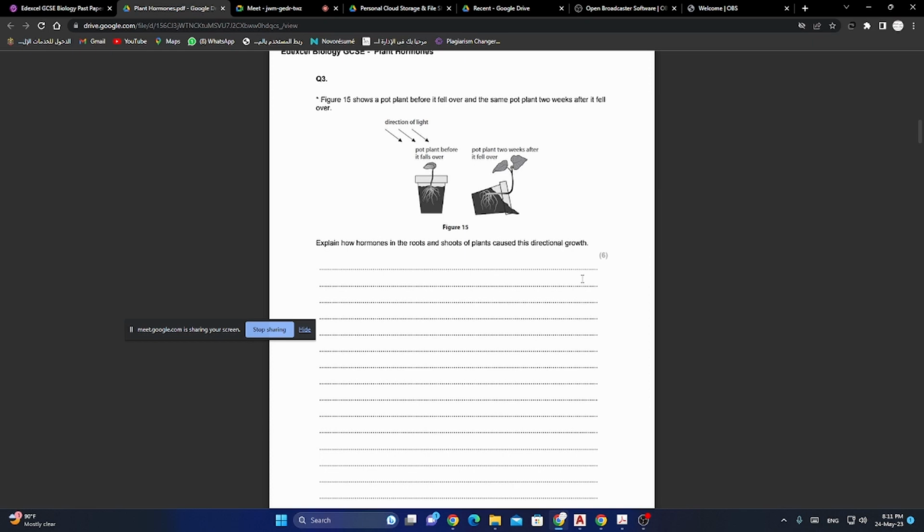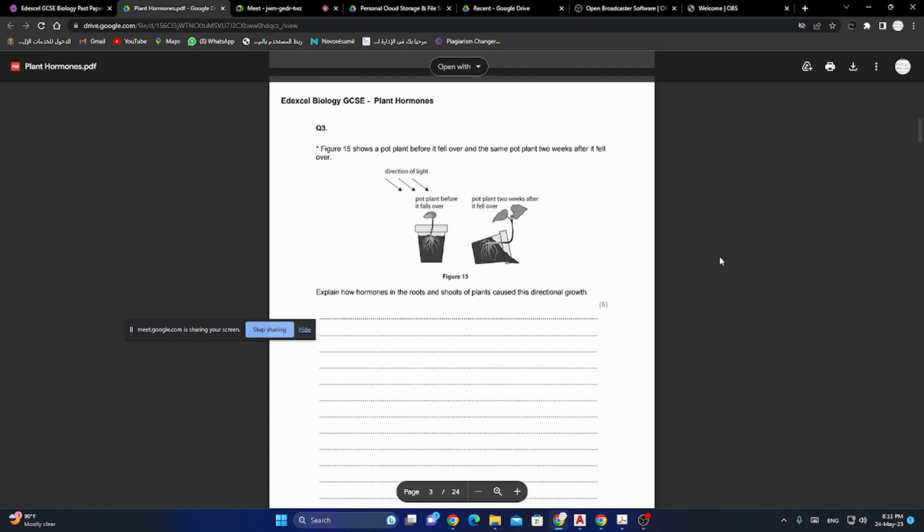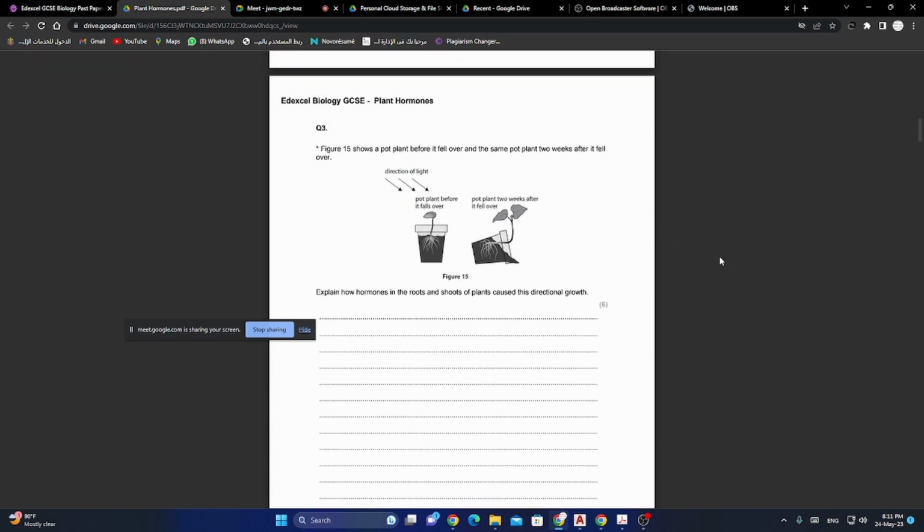Okay, you said phototropism. The second one's gonna be geotropism. So in the case of phototropism, what's happening? No, no, phototropism.